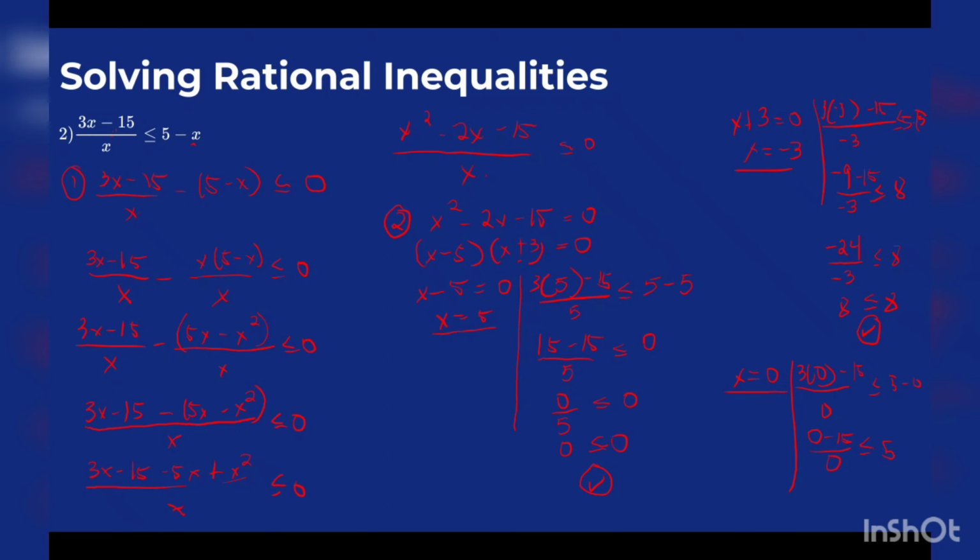So you will notice that on the left side of our inequality, we have 0 in the denominator. So it will be undefined. So since this is undefined, we cannot compare it to positive 5. So that means 0 is not a solution.